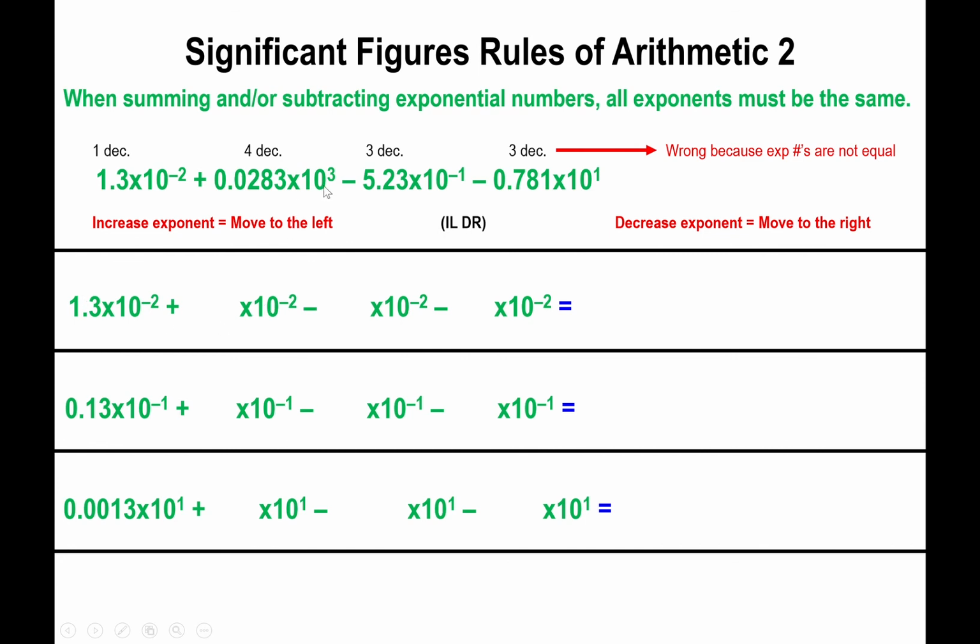The next one is 10 to the positive third. So to go to 10 to the negative 2, you are going to have to decrease it from 3 to 2, from 2 to 1, from 1 to 0, from 0 to negative 1, and from negative 1 to negative 2. That's a change of 5. So you're going to have to move the decimal place 5 units to the right.